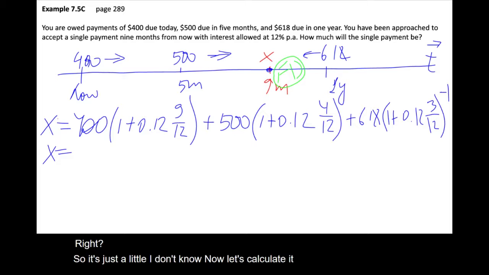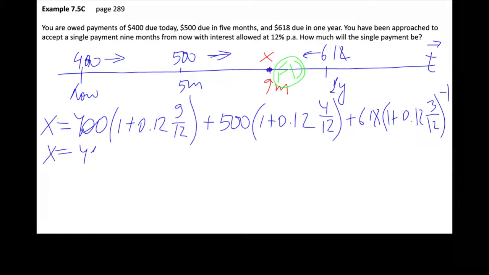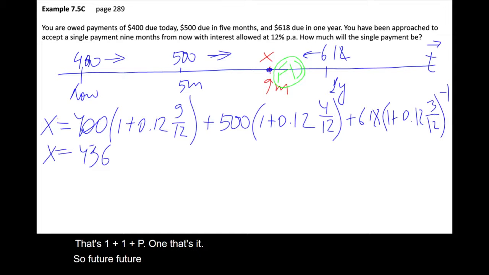X is... So pretty much this equation is S plus S plus P. Yeah, S1 plus S1 plus P1. So future, future, present. Yes. Okay. Thank you. You're welcome.